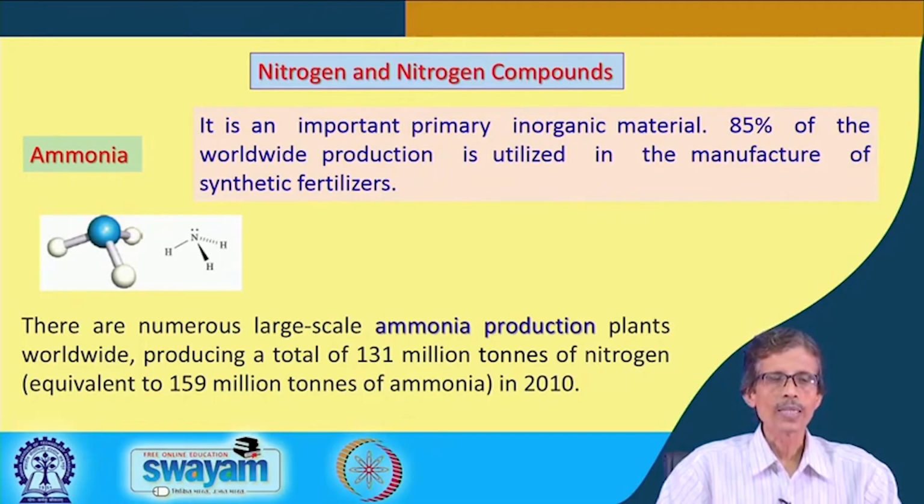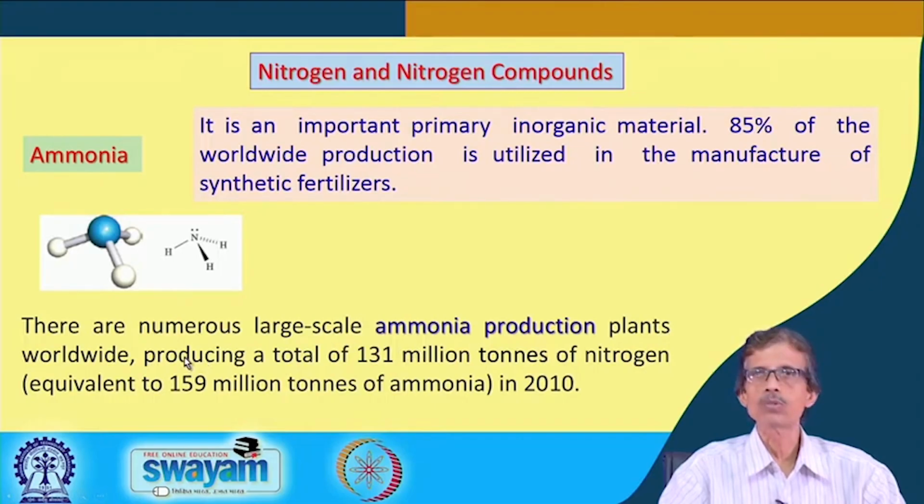So, for making synthetic fertilizers, we have to use nitrogen as well as hydrogen for making ammonia. And from an industrial point of view, we should have large scale ammonia production plants throughout the world.